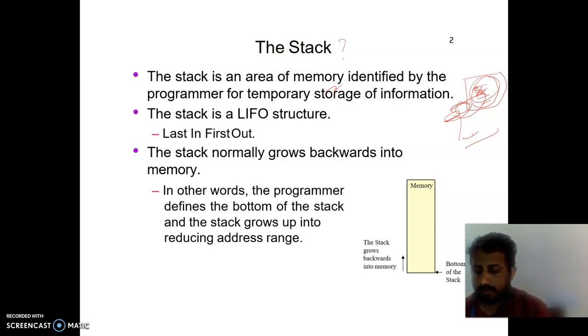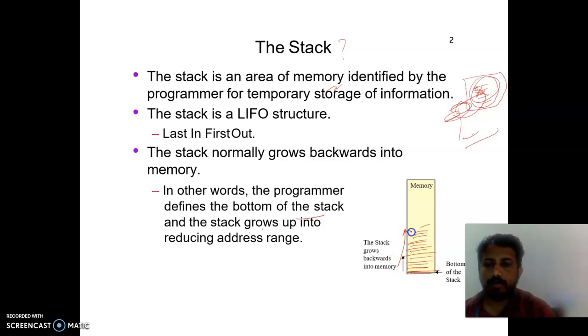Now, how is the data stored in a stack? The first data is stored in the bottommost location, the bottom of the stack. Then it goes to the second, the second, the second, and it stores upwards.